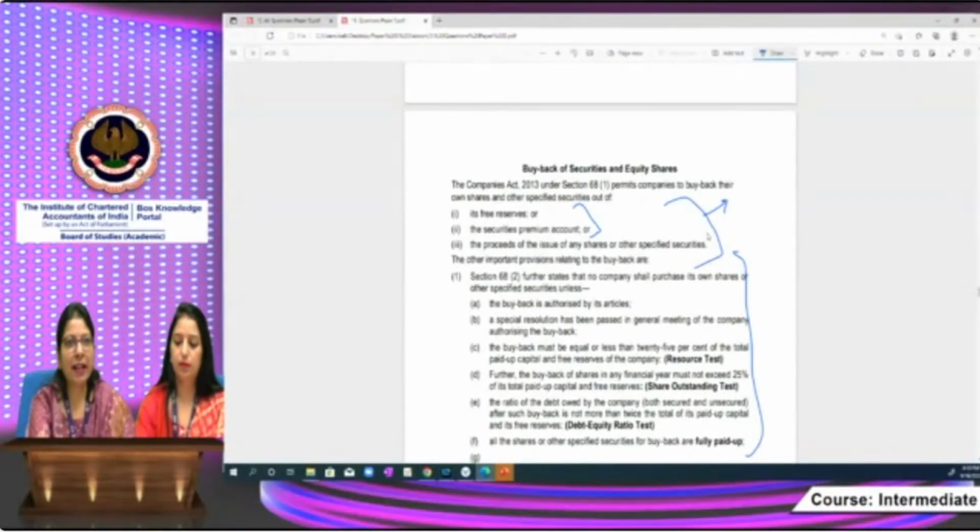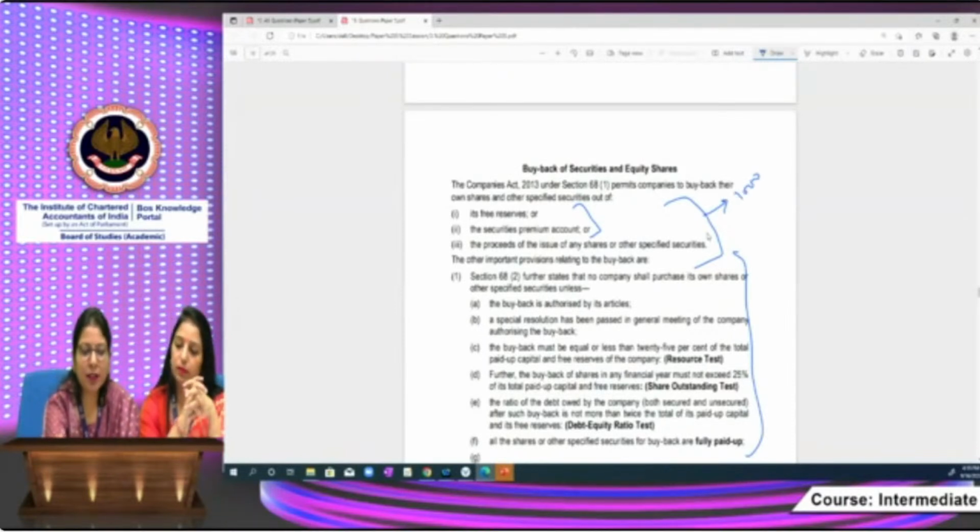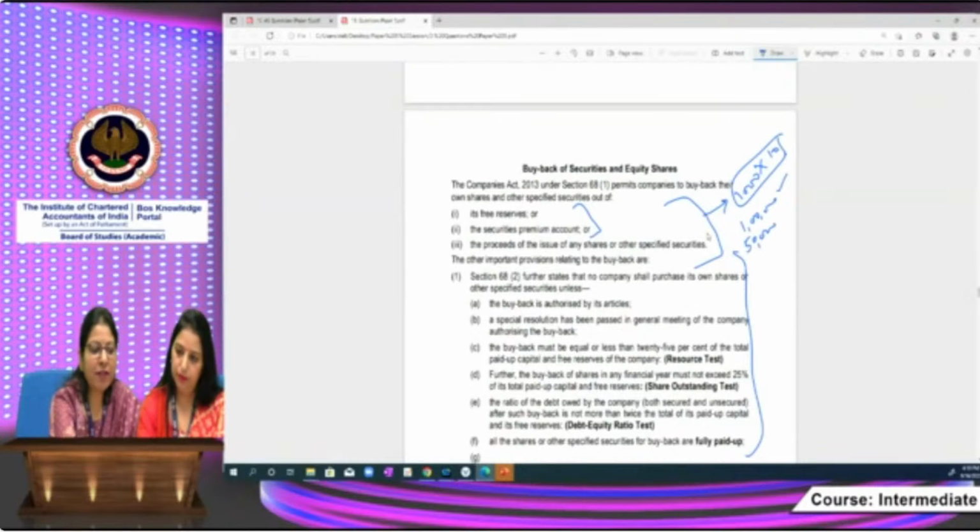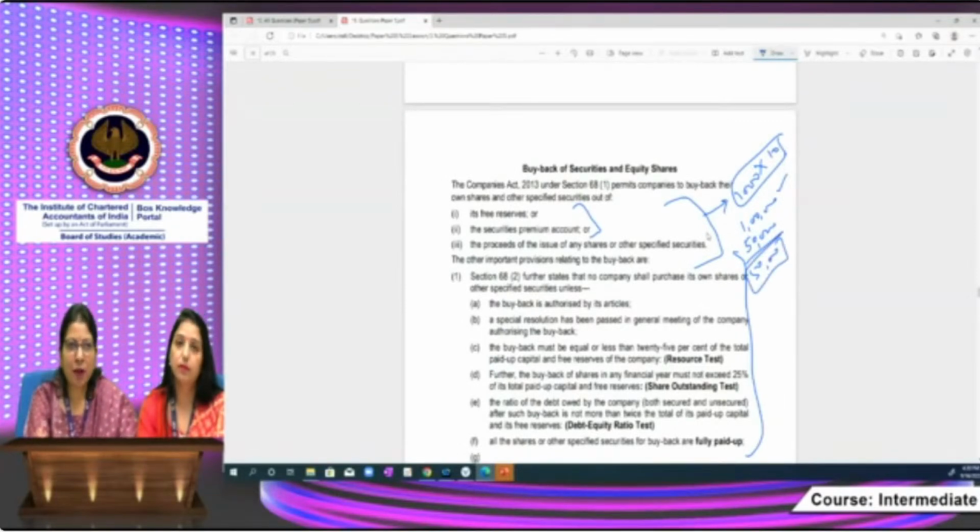Like if you are going for a buyback of 1000 shares, at rupees 10 each, it means that for 1 lakh we are doing the buyback, so this much amount of funds we require. Now, if we take 50,000 from our free reserves and securities premium account, then for 50,000 we have to make a fresh issue of equity shares, because we want our capital structure to remain intact.